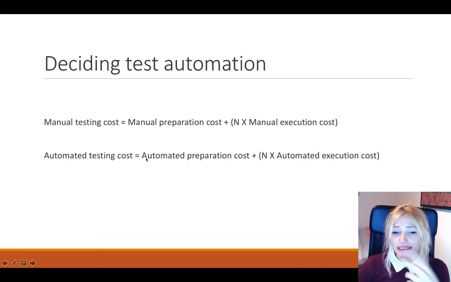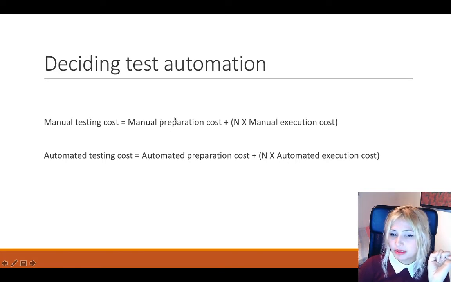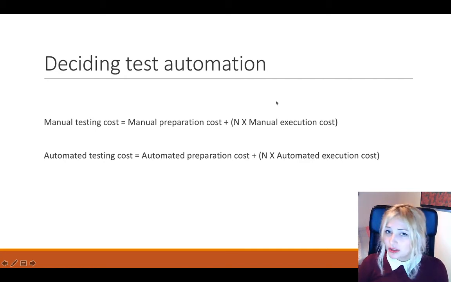Automatic testing cost: let's say automatic preparation cost is 10. The manual one was 1, this is 10. And we are going to execute it 10 times, but the automatic execution cost, okay, is not that cheap, because you may need to add some cloud systems, some working environment, but it is not as high as the manual execution cost because it doesn't require a person.